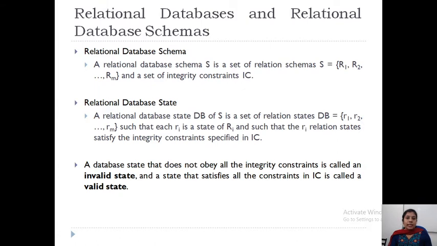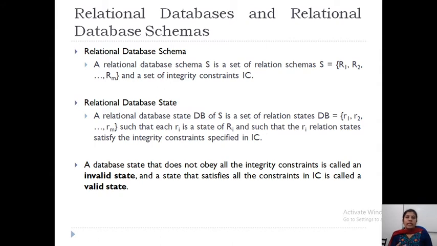That's why a relational database schema has multiple relational schemas, a set of relational schemas, and the constraints on that set, like all the constraints you have applied. Those constraints and the set of relational schemas together are called the relational database schema. Database means a collection of different tables or schemas related to different entity types.